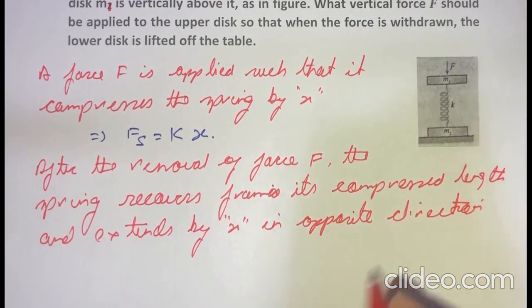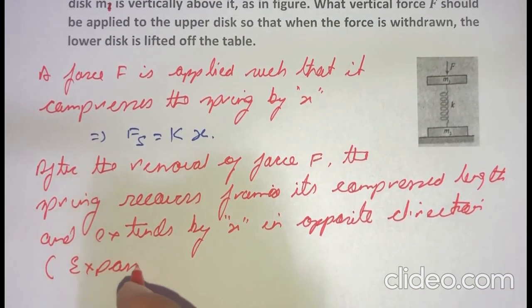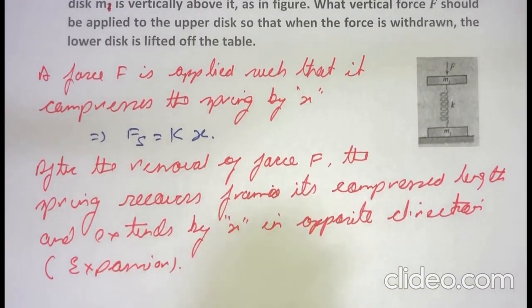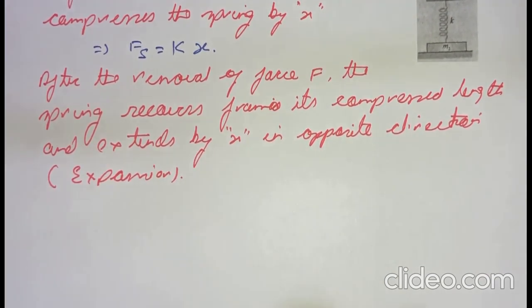Okay, so basically it means now there is expansion. So we can draw the diagram. We are going to draw the diagram for two parts. First will be the compressed spring and the other one will be for the expansion.